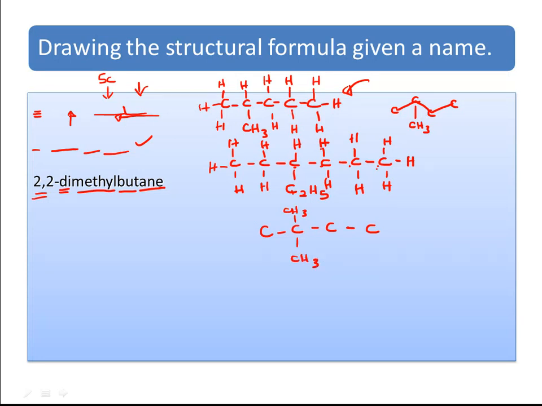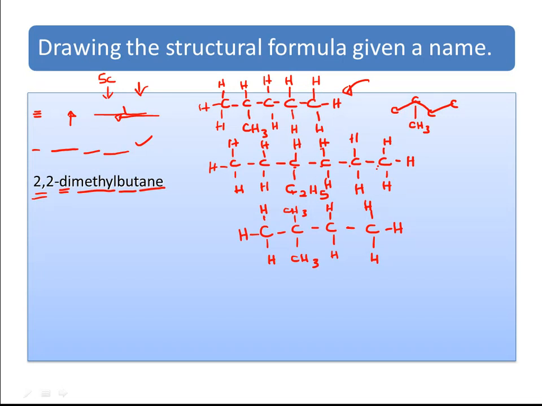Okay, and the rest I complete by adding hydrogen atoms to complete the bonding capacity of carbon here. So I just have to add hydrogen atoms, and yep, I've completed everything. This is 2,2-dimethyl butane.